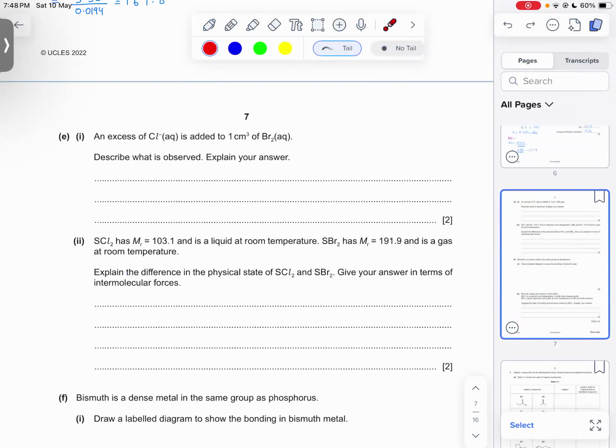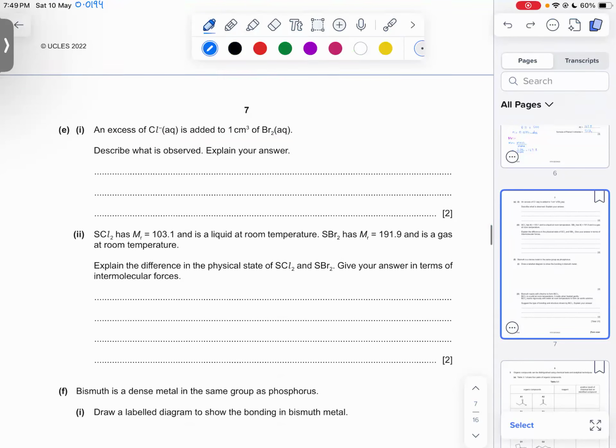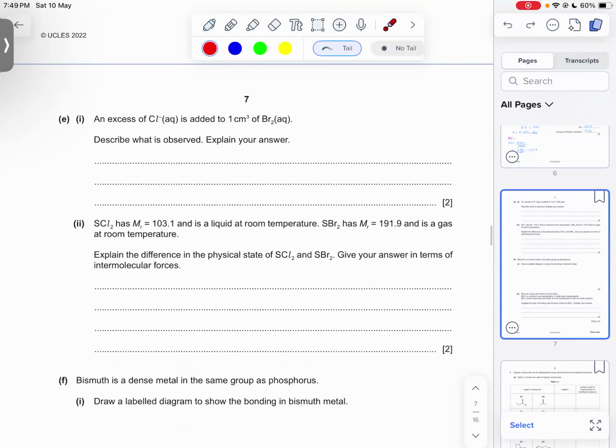Next question. An excess of chloride Cl minus is added to 1 centimeter cube of bromine. Describe what is observed. There is no change. Why would there be no change if excess of chloride is added to 1 centimeter cube of bromine? Because chlorine is the more reactive one, bromine is the less reactive one, right? So there is going to be no reaction over here. The bromine, because it is brown in color, will keep the solution brown.